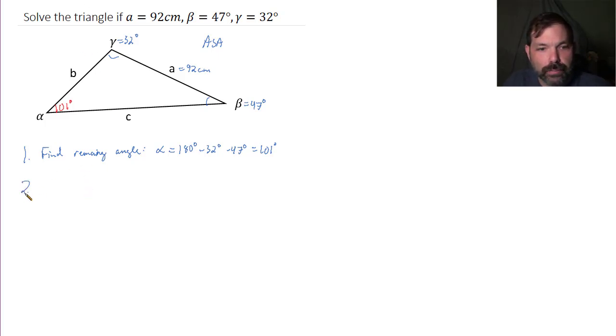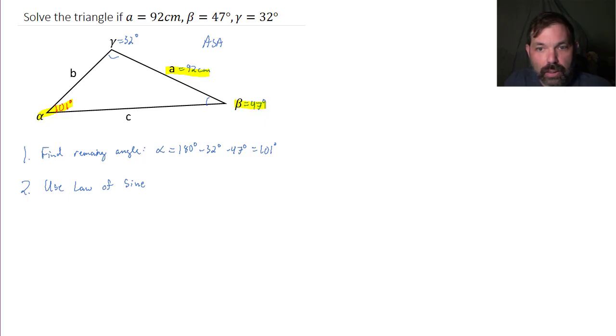Now second, I'm going to use the law of sines. Notice I have an angle and an opposite side, and I have other angles, let's just say beta.